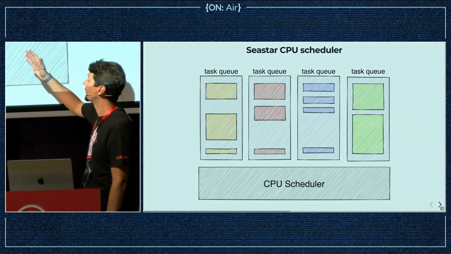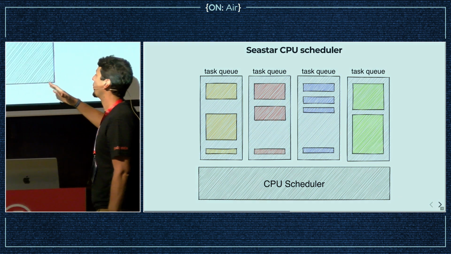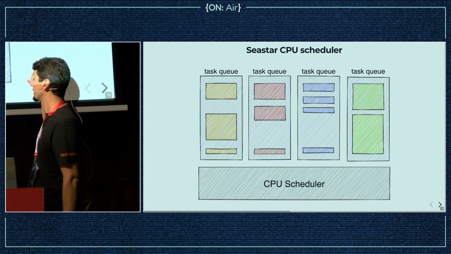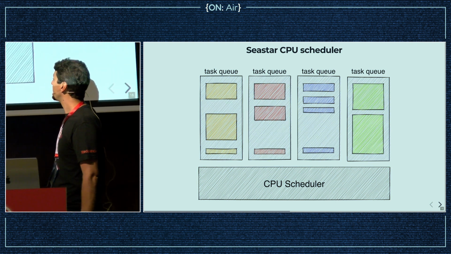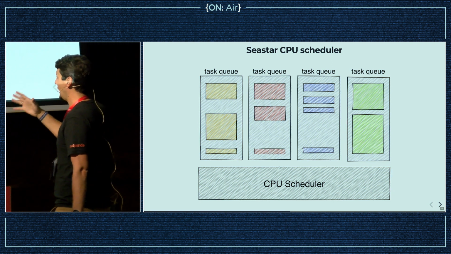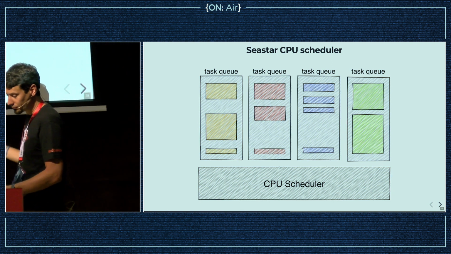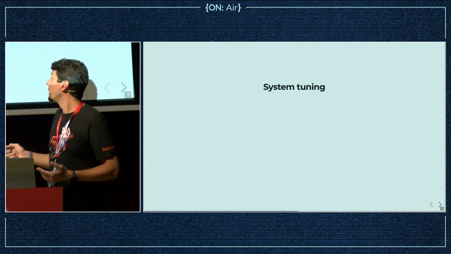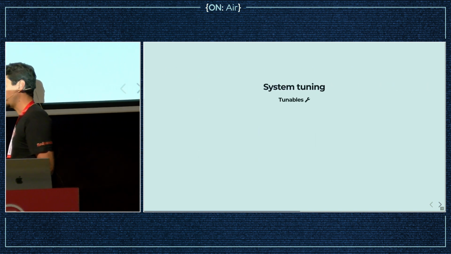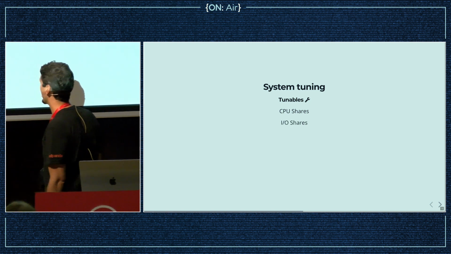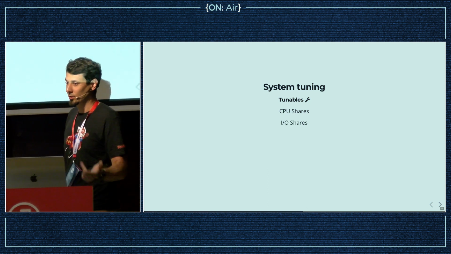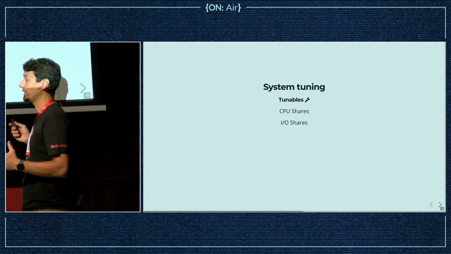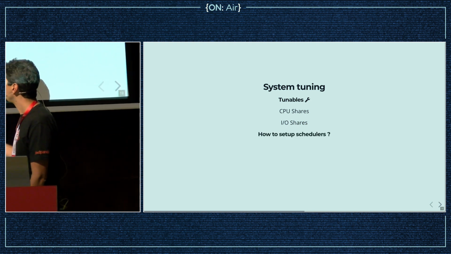Here is the concept of the task queue, where the CPU scheduler dispatches tasks based on the priority of a task queue, and basically distributes the available CPU time to the tasks according to priorities. So we see that we have these tunables like CPU shares and I/O shares, and these tunables allow us to control the execution of the backlog task, as we saw.